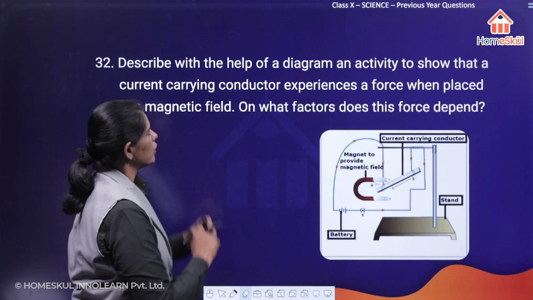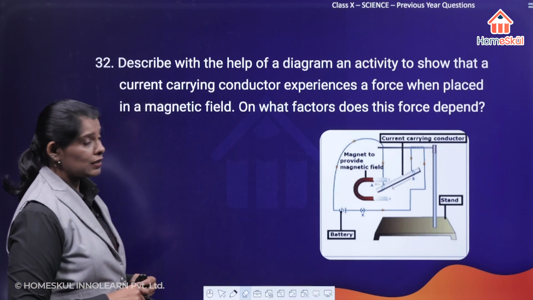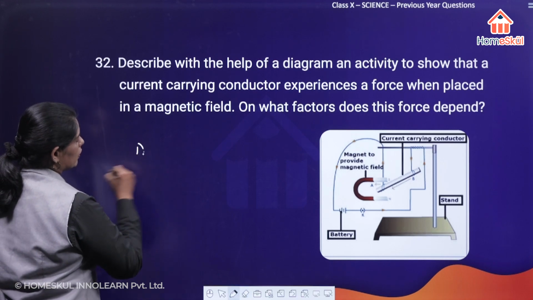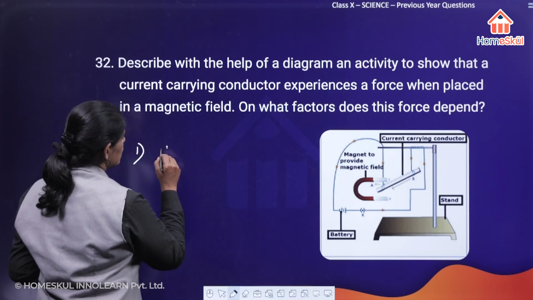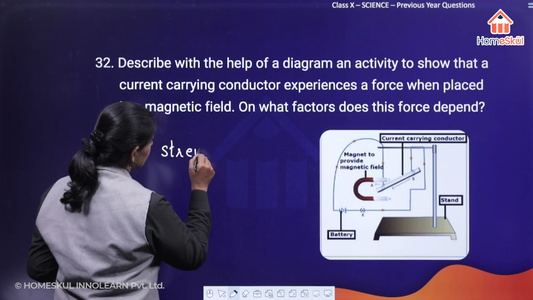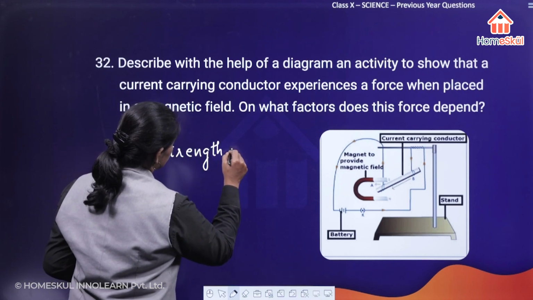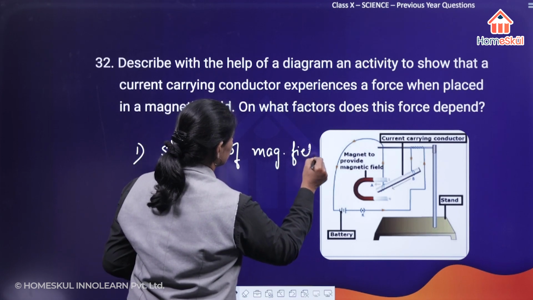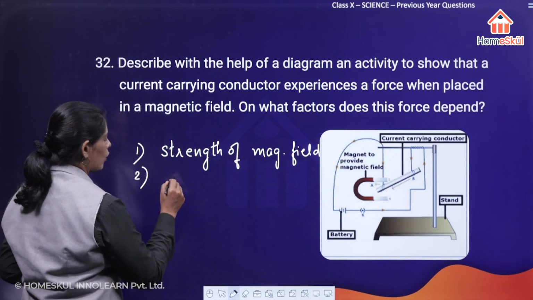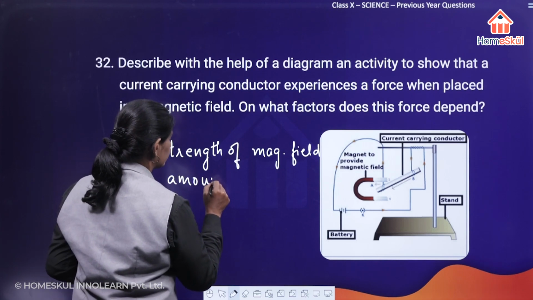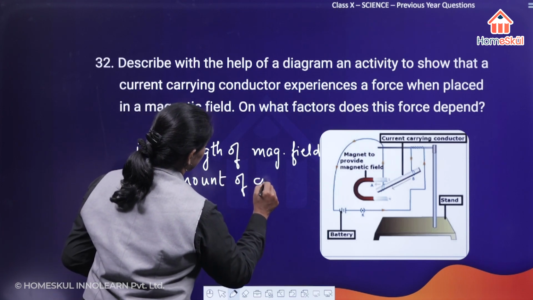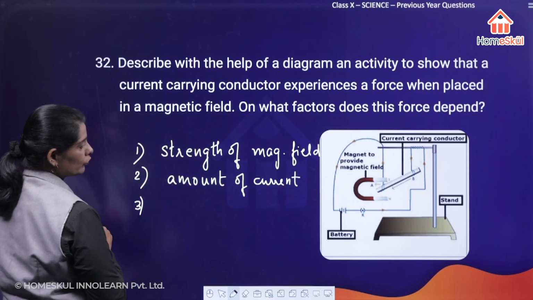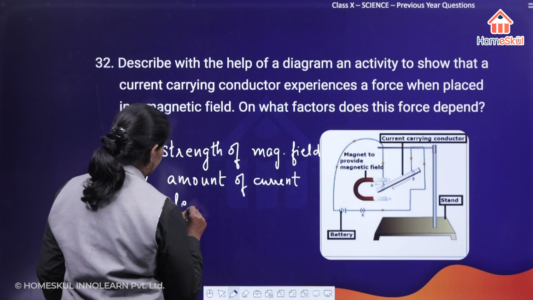Now we have another question here that says, on what factors does this force depend? Of course, the factors on which the force depends will be the strength of the magnetic field, then of course the amount of current passing through the conductor, and also the length of the conductor.